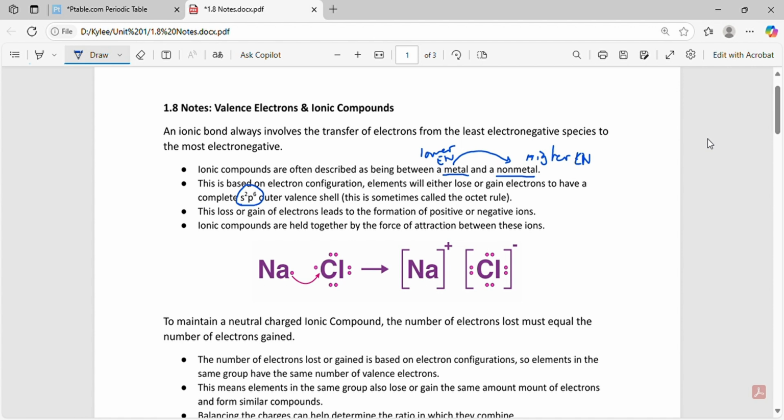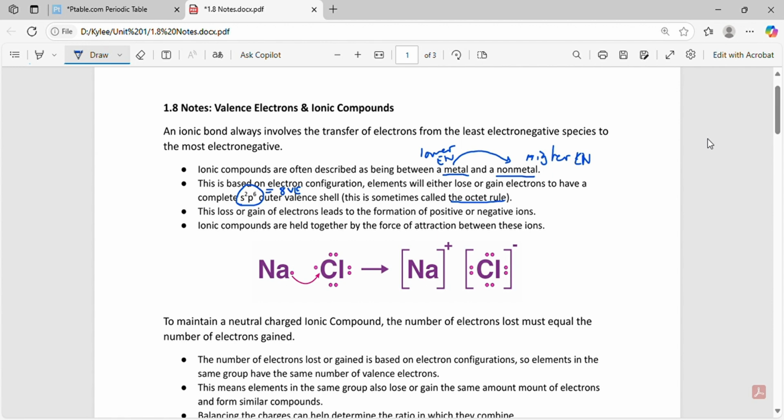So s2p6 means that I would have 8 total valence electrons, which is why this is sometimes called the octet rule, because an atom will lose or gain to try to get to 8. Why 8? Well, because it's that magic full shell for most of the atoms that we're going to look at.